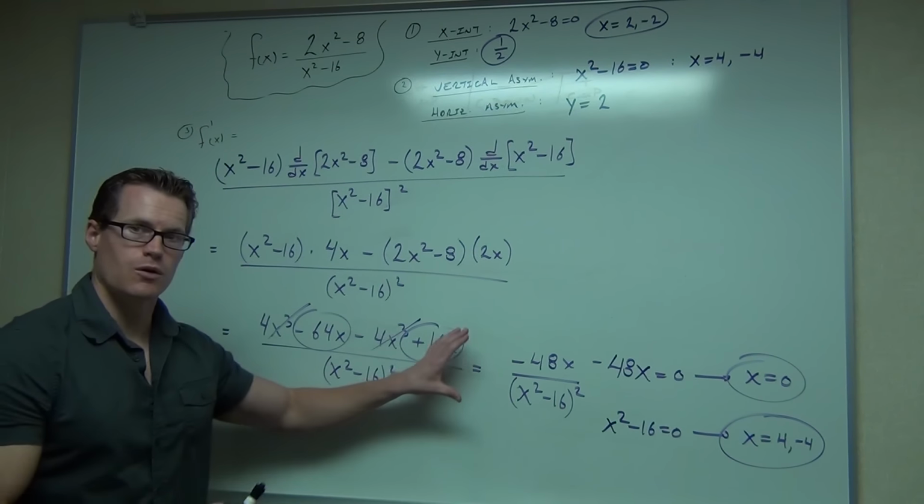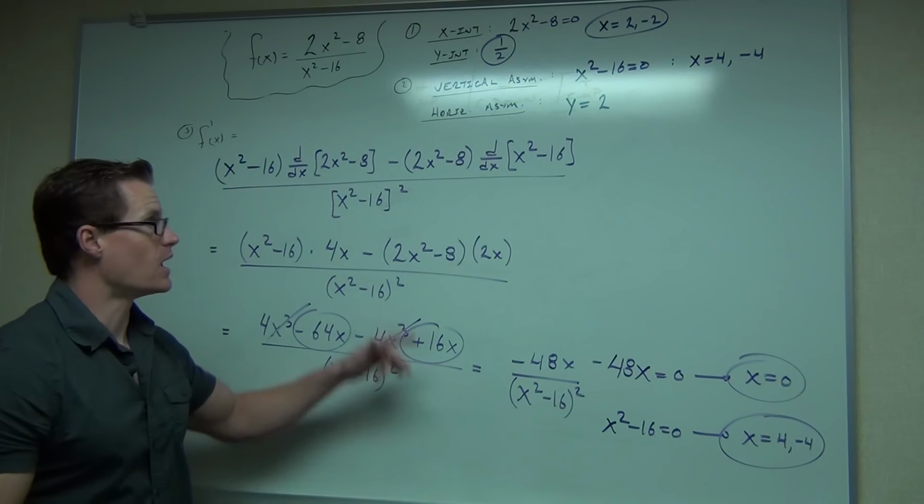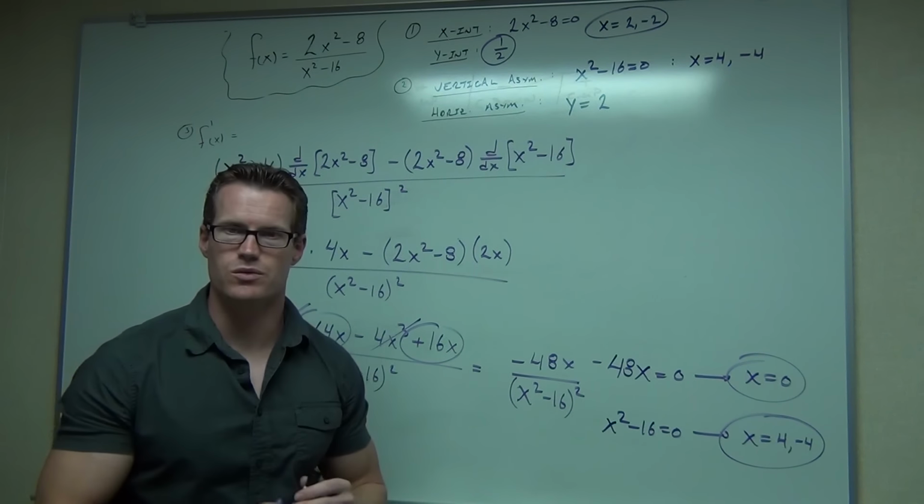Take a look at this. Hopefully you've written this down. I'm going to erase this right now and write it right up here, that way I can work on my second derivative.